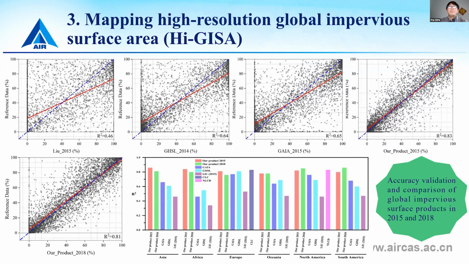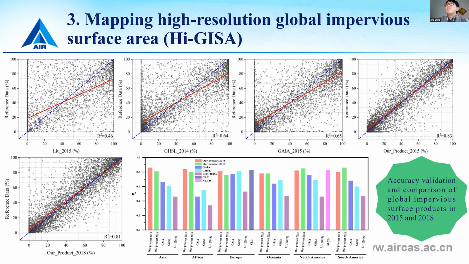And here we make the accuracy validation between our data and the reference data, and also the other global data with the reference data. The one on the right is our product. We can see the R square tends to be 0.8, which is higher than other products.